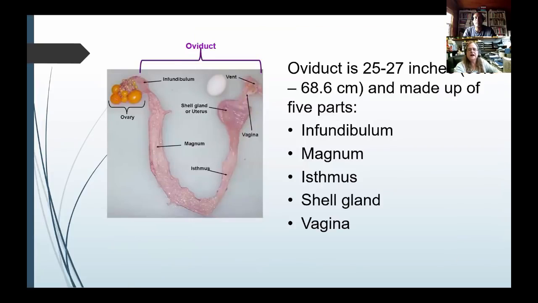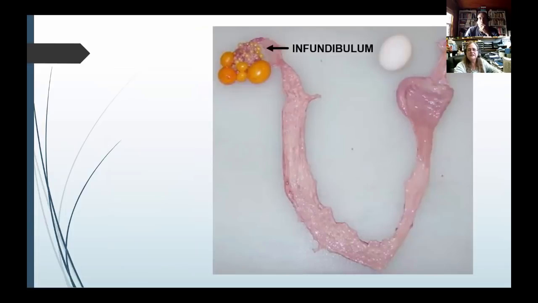So the oviduct is 25 to 27 inches long, made up of 5 parts: the infundibulum, the magnum, the isthmus, the shell gland, also called the uterus, and the vagina. The infundibulum is also referred to as the funnel, and it's actually a muscle which moves over the released yolk to engulf it and bring it down.